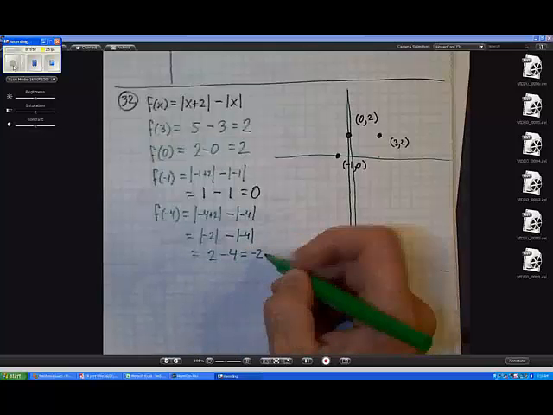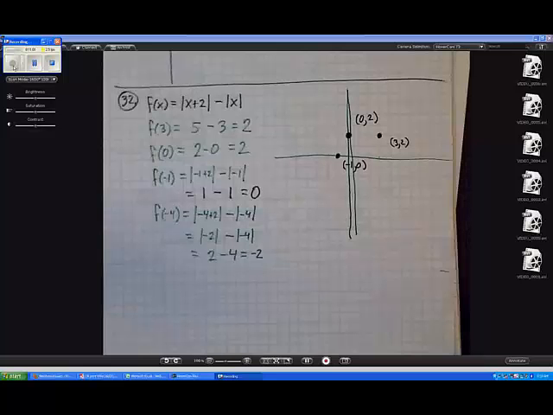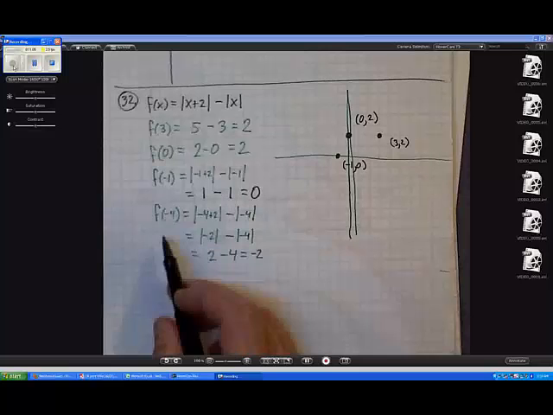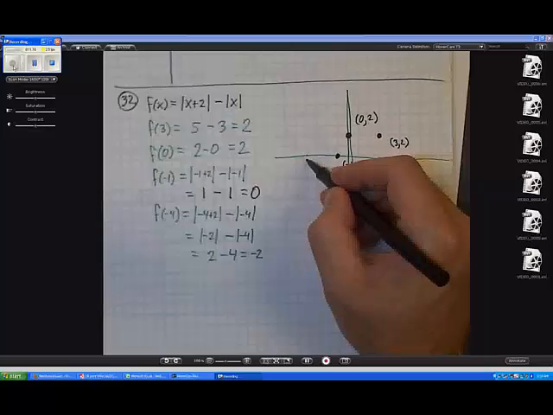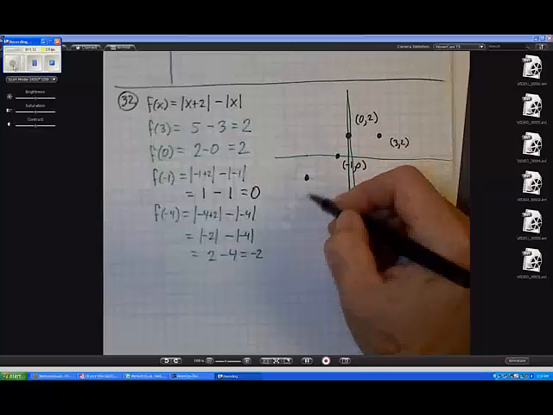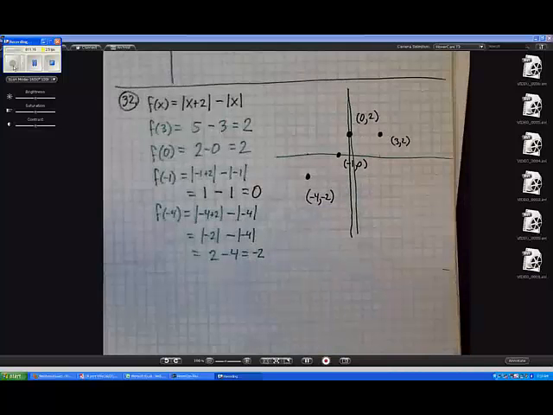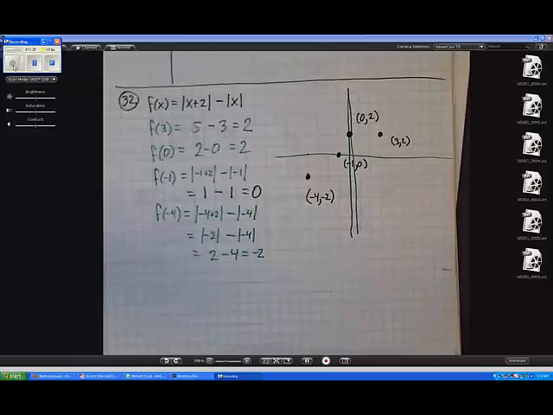And so it looks to me like f of -4, so 1, 2, 3, 4, has an output of -2. And so far, I don't see very clearly what the shape looks like. It doesn't look like a V like I'm used to. Okay. And that's because this is hard, because I need to learn a trick.